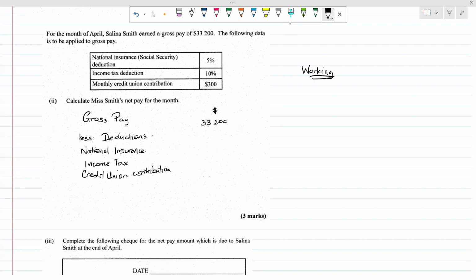So first one, national insurance: 5% of 33,200. Income tax: 10% of 33,200.